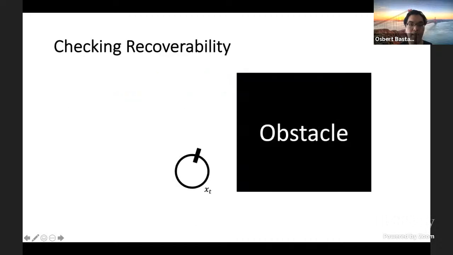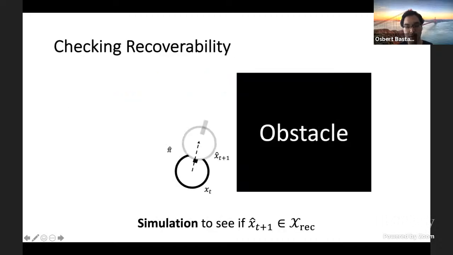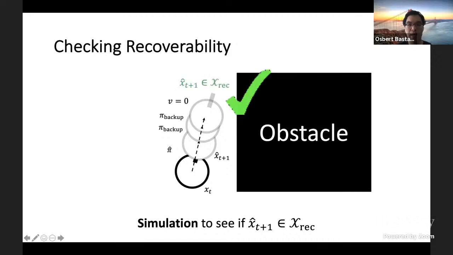To illustrate this, we're first going to, as before, simulate one step using pi hat to get to x hat t+1. Now we want to check if x hat t+1 is in the recoverable set. All we're going to do is continue our simulation using pi backup. If pi backup can safely bring the robot to a stop, then we know that x hat t+1 is in the recoverable set.